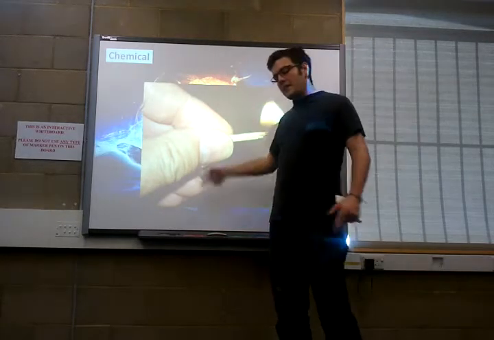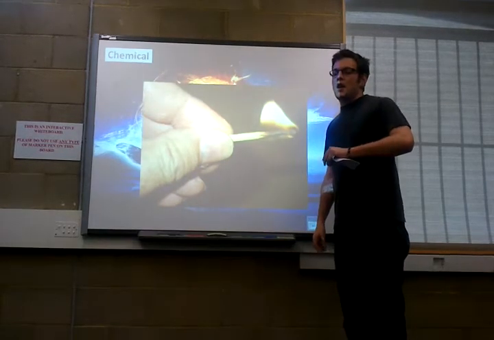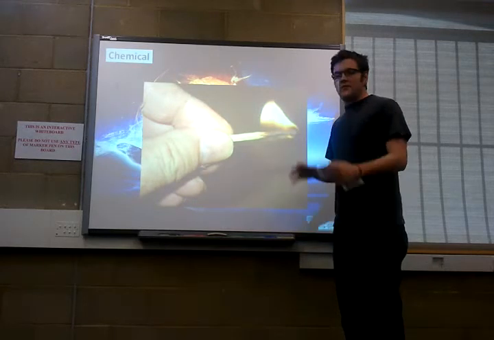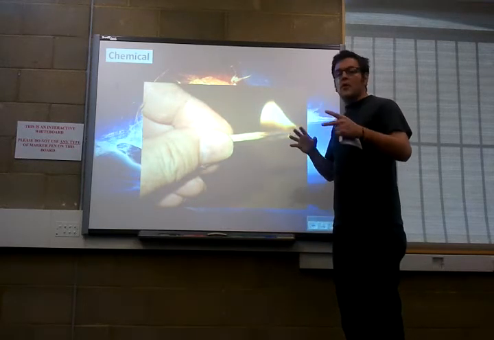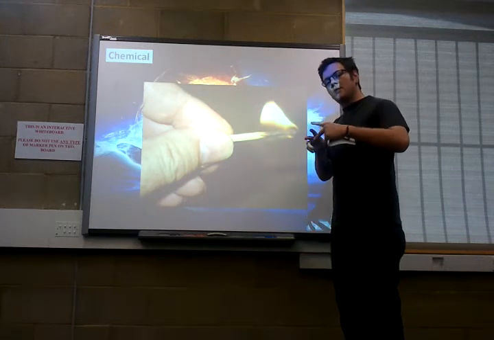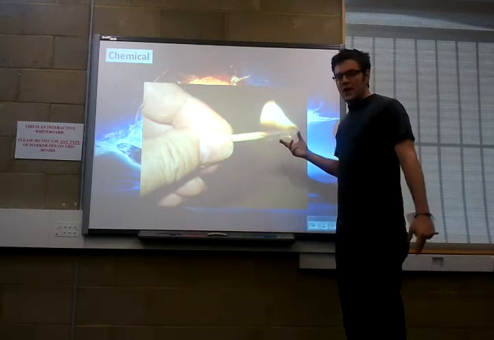So although it's just called chemical energy, it can be described as chemical potential energy, because it will take an interaction between two chemicals, or some friction, or any other number of ways in which you can change those chemical properties, from potential energy, in this case, into light energy and thermal energy.